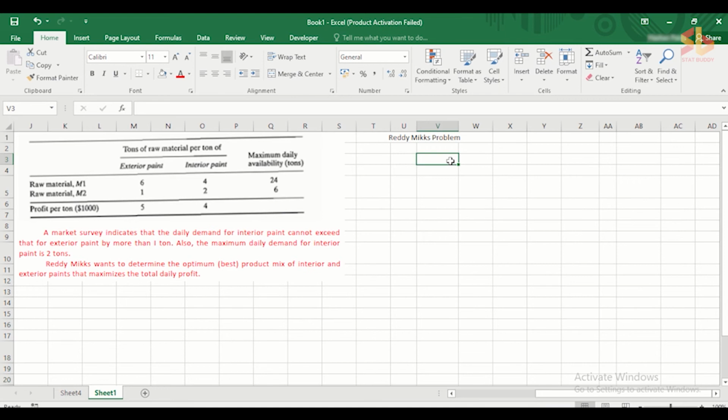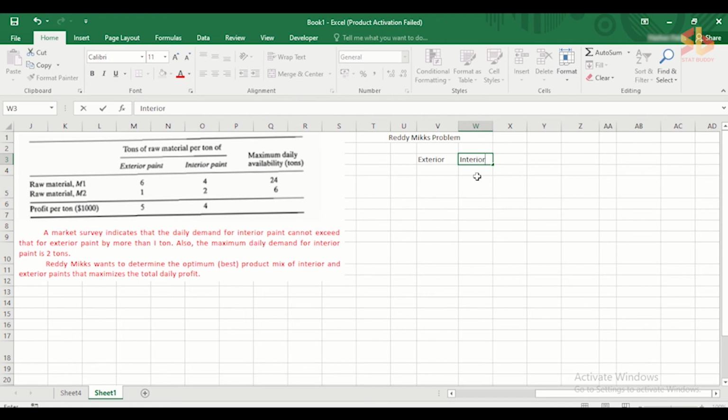After recognizing the decision variables, I can define two cells using those names, exterior and interior, for which we are going to find or assign values.